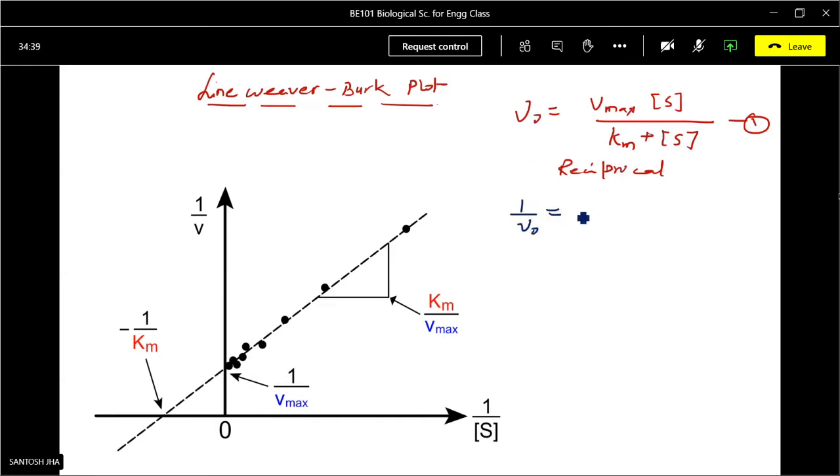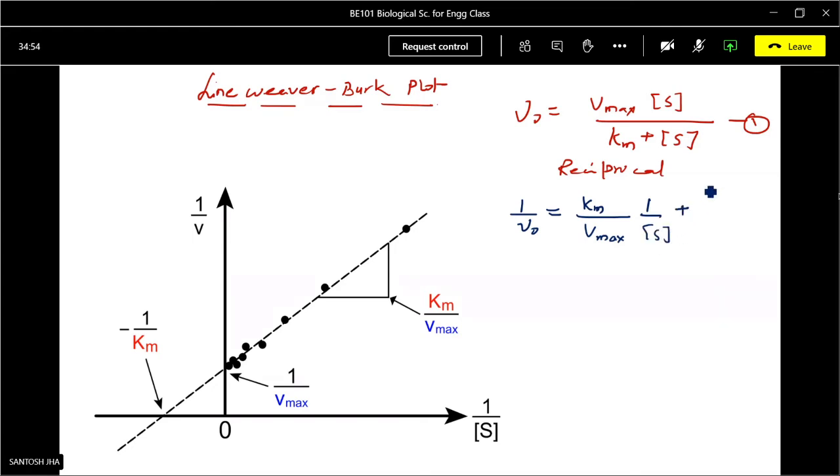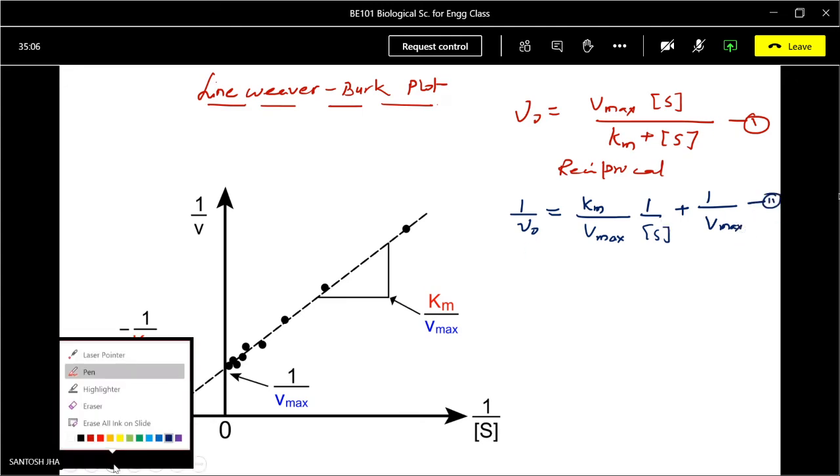Now just reverse it. It is Km by Vmax into 1 by S plus 1 by Vmax. Now this is the linear form of the equation.